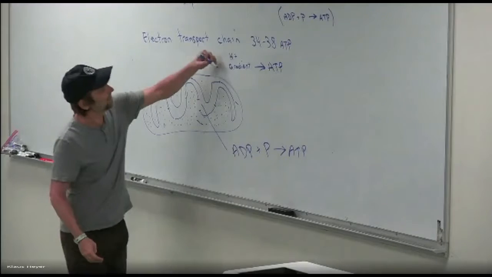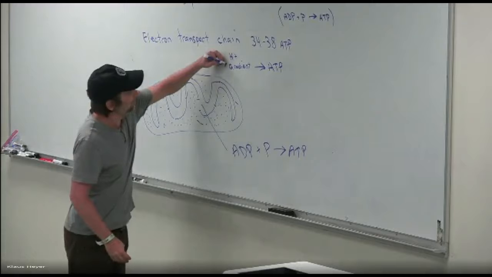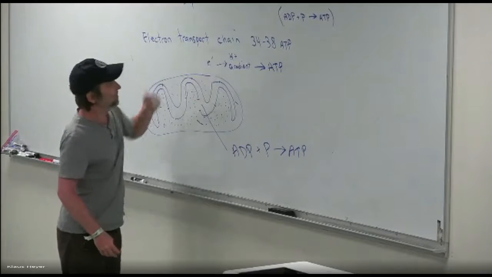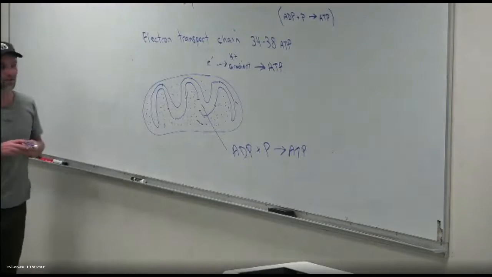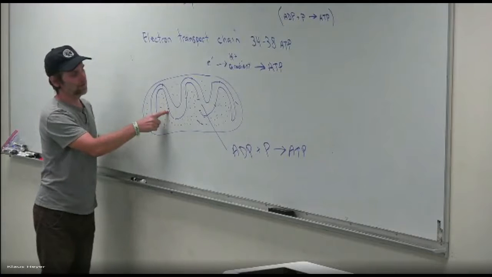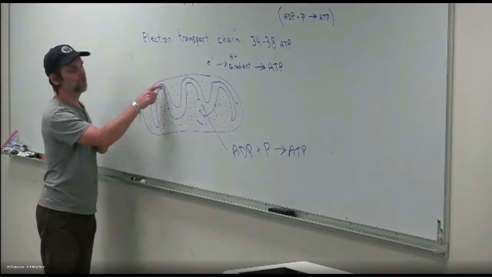All right, where did we get the energy to even make the proton gradient? Active transport. Electrons. The Krebs cycle. The electrons turn these pumps on.